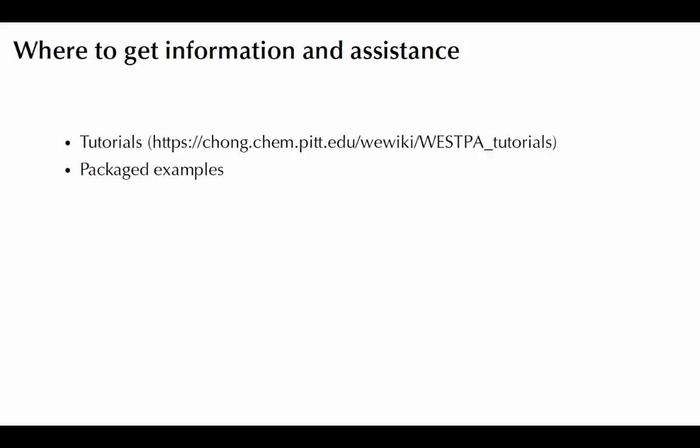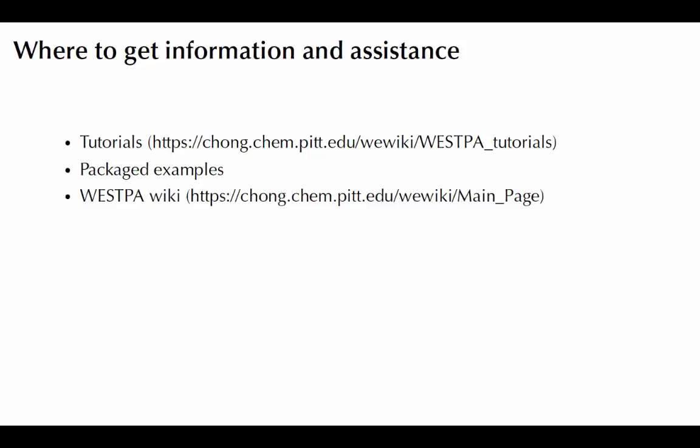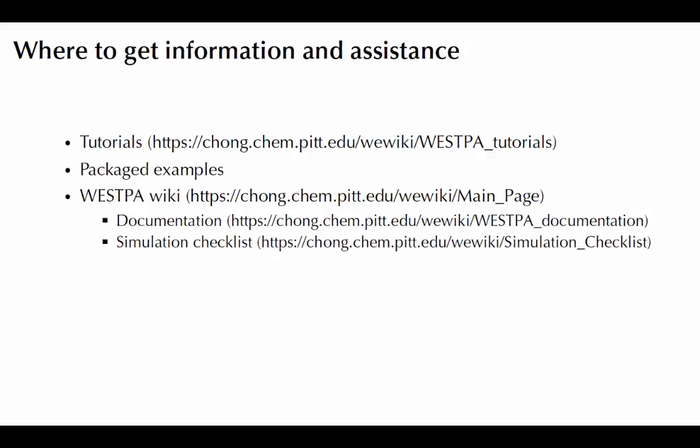All right, so we've got packaged examples to show you how to do this for a suite of dynamics engines. All of this is housed on the wiki that Lillian very graciously hosts here at University of Pittsburgh. This includes documentation, a checklist for things that you might want to make sure you know before you run a weighted ensemble simulation, and some of the best practices of how to avoid the major pitfalls that we've found.